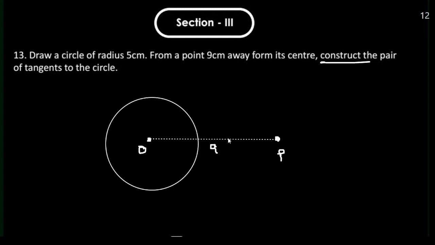Now you have to consider more than its half. If the length is 9, then half is 4.5 exactly, so you can consider 5.5 or 6 centimeter. Then you have to draw arcs from these 2 points.